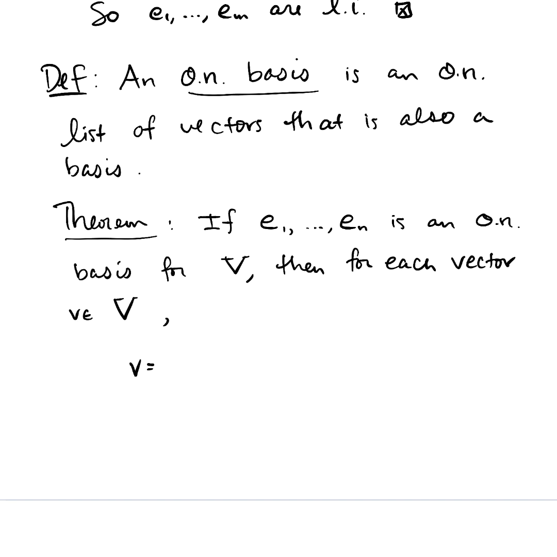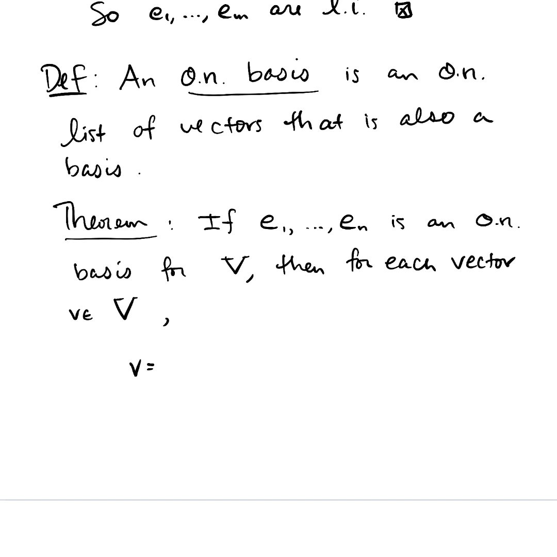Now, if that's all you knew, just that E1 through En were a basis, finding the linear combination of them that comes out to a given vector v is not always easy. It might be tantamount to solving some somewhat large system of equations. This theorem is telling you, yeah, that's true.